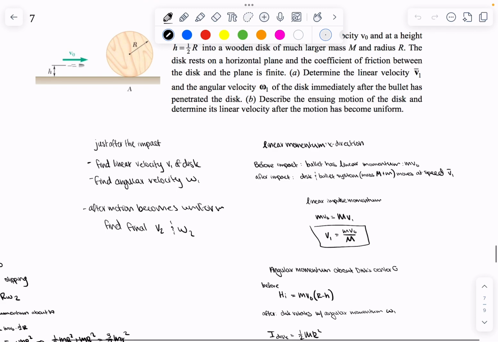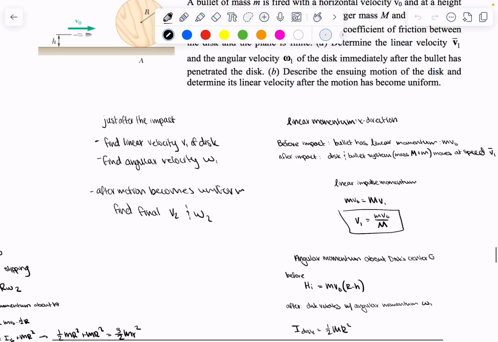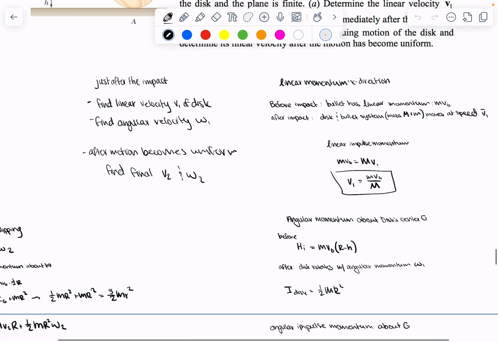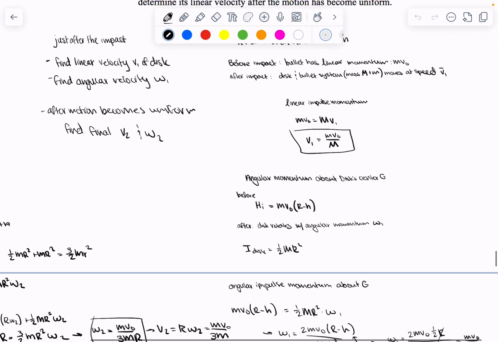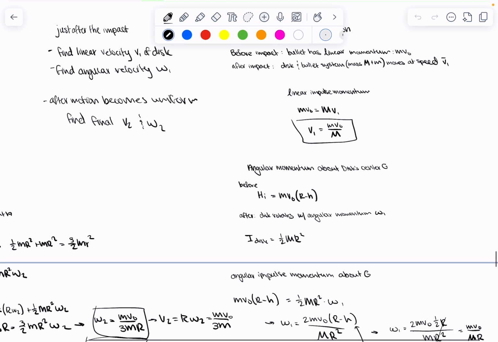Number 7, I just did just before impact and after impact. So before impact, the bullet has linear momentum, and after impact, the disc and bullet system, mass m plus m, moves at a speed together.